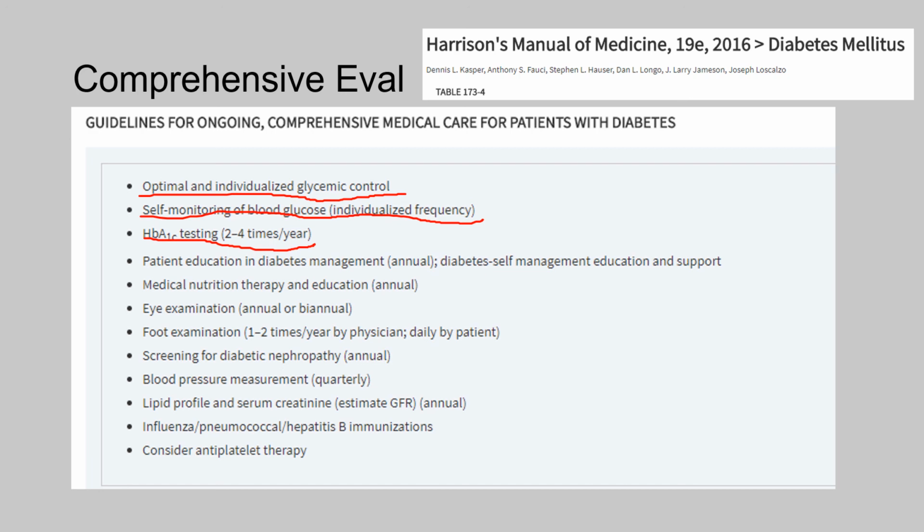They need to have some diabetes education at least yearly. Recommend that they have some self-management education and maybe some support group.